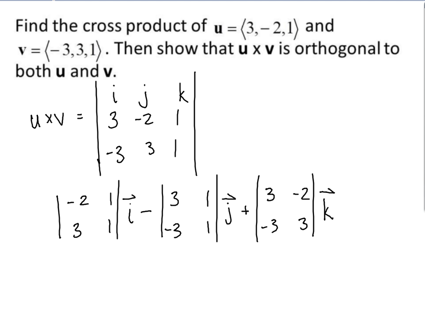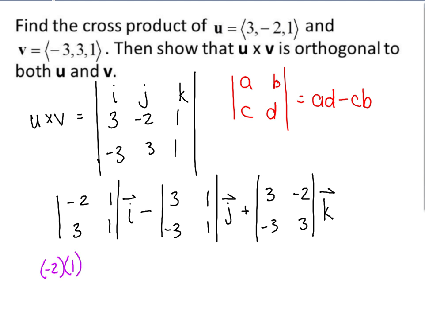Now remember, when you are finding the determinant, we do a times d minus c times b. So if we come down here, we're going to have negative 2 times 1 minus 3 times 1, and all of this is going to be times vector i.